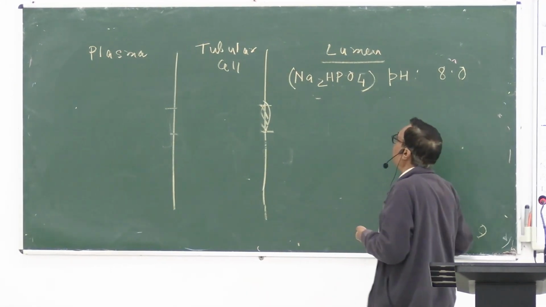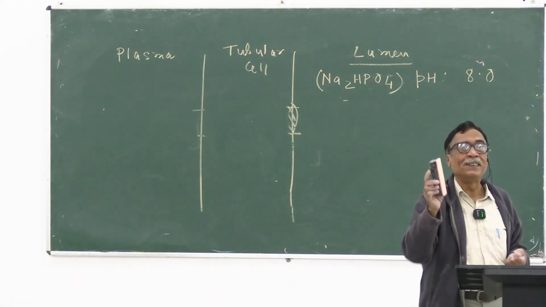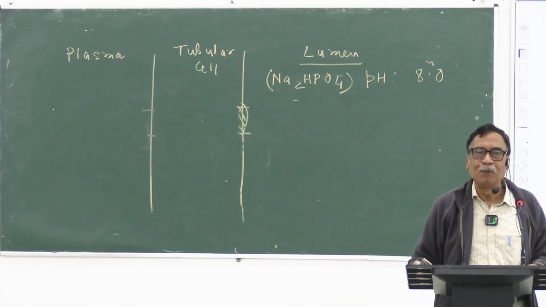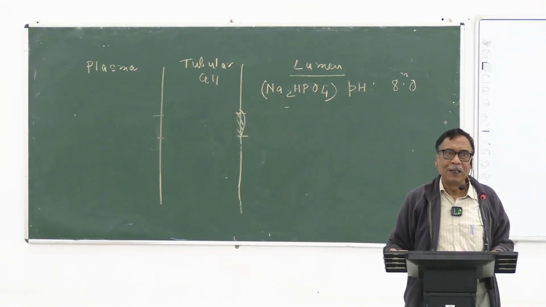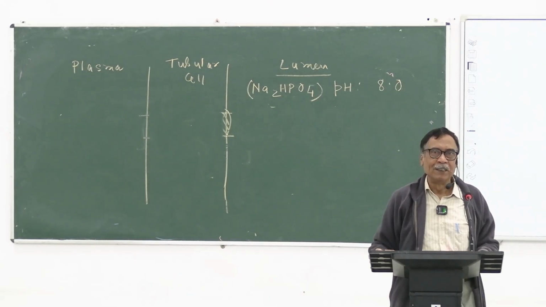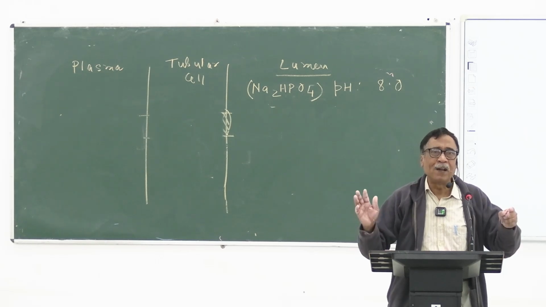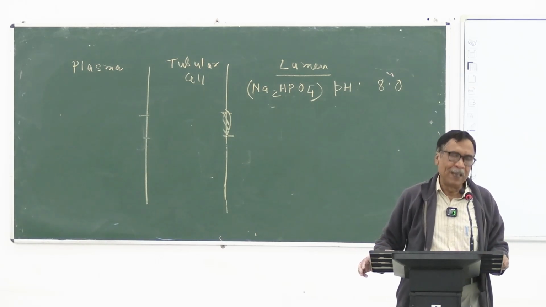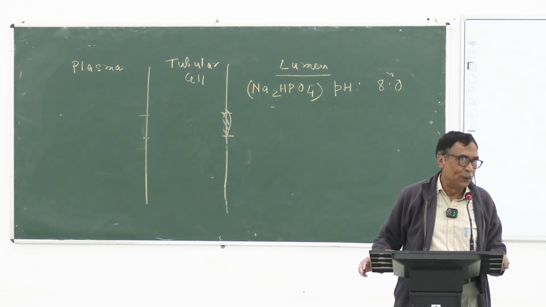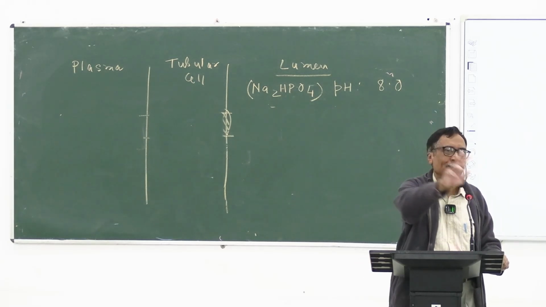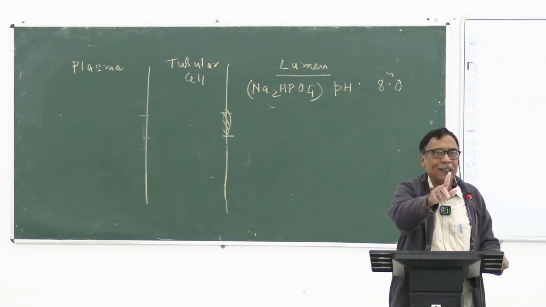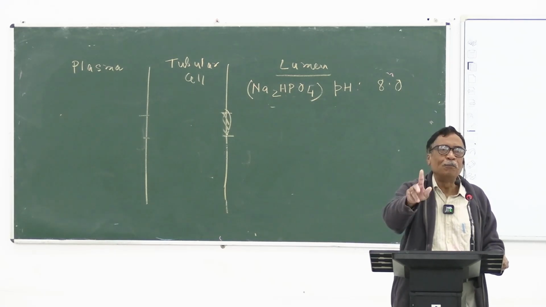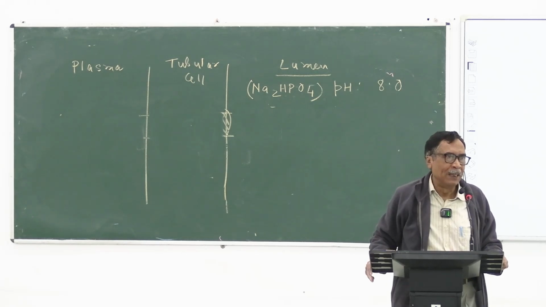And the third fate of the secreted hydrogen ion is the formation of ammonia, ammonium salt. So there are three fates of hydrogen ion secretion. The principal work of the kidney is to secrete hydrogen ion throughout the tubules, proximal tubule, distal tubule, collecting duct, every part of the tubules. This hydrogen ion is produced by acid load, and acid load is produced by two components, fixed and volatile. The fixed portion is secreted through the kidney, and the volatile portion is eliminated through the lung.